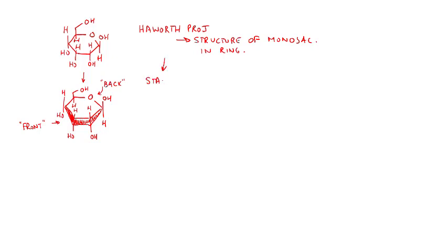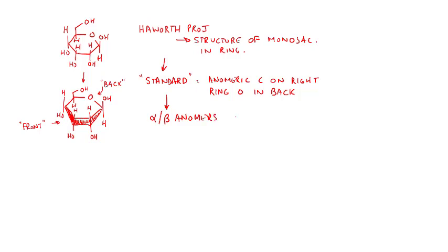So the standard way to draw a Haworth formula means that you have the anomeric carbon on the right and the ring oxygen in the back. That's how we usually draw them. And if you are in the standard form of a Haworth projection, then you can distinguish between the alpha or the beta anomers of your monosaccharide.